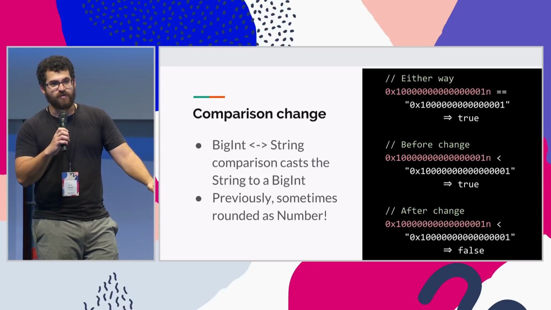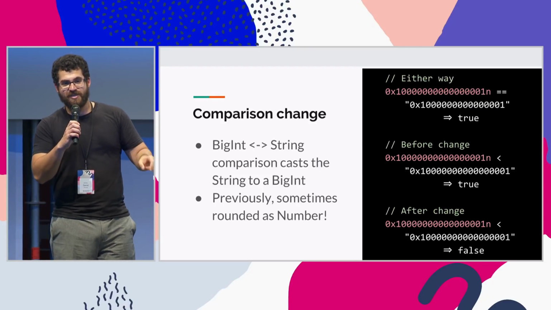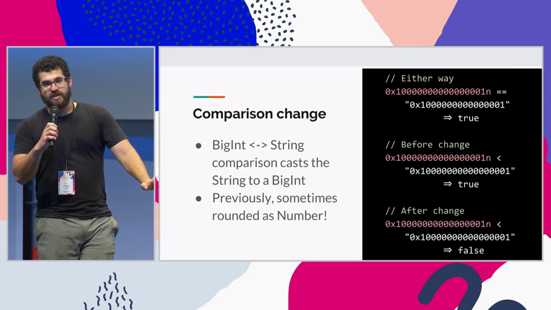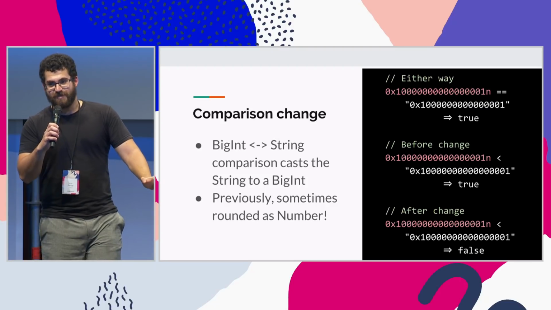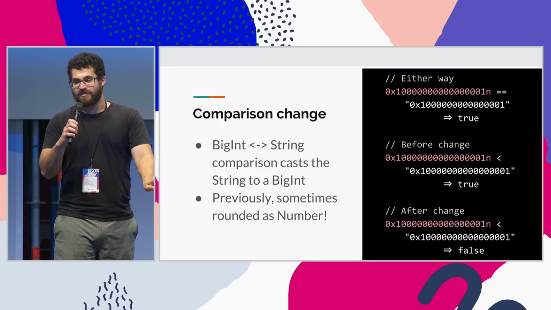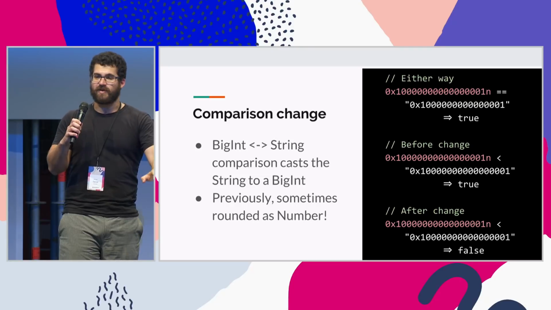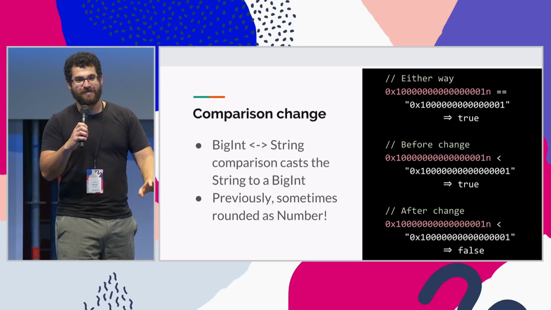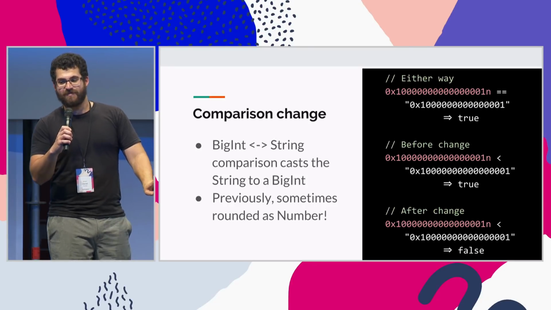So, double equals and less than. In JavaScript, you can use them to compare a number and a string. And when you do that, it converts the string to a number, and it compares them as numeric values. So, this is part of JavaScript being maybe weakly typed and having all these casts everywhere.